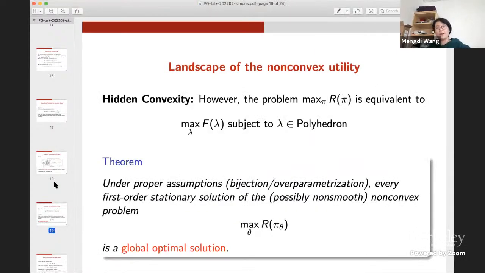However, if we try to dig into the landscape of the Markov decision process, we do know that the problem we have in mind is to maximize some utility function over policy space. This one is non-convex. However, this problem is equivalent to another optimization problem in the space of occupancy measure lambdas.